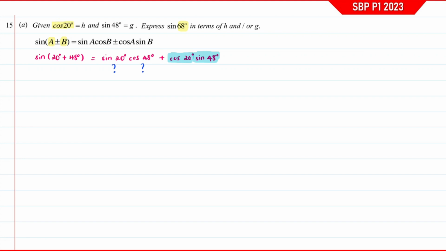So for cos 20 and sin 48, both of them are angles in the first quadrant. So first, for the cos 20 degrees, which is equal to h, we know that cos is the adjacent over the hypotenuse. Then we can also write cos 20 degrees equal to h over 1. Therefore, the h is the adjacent and the number 1 is the hypotenuse.